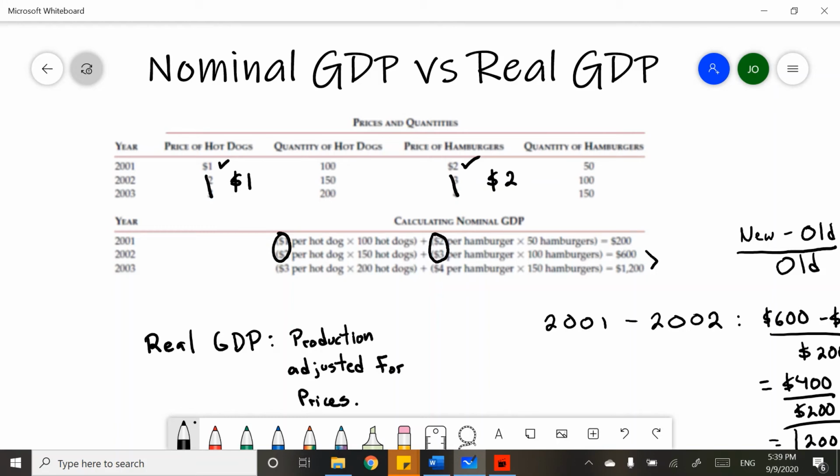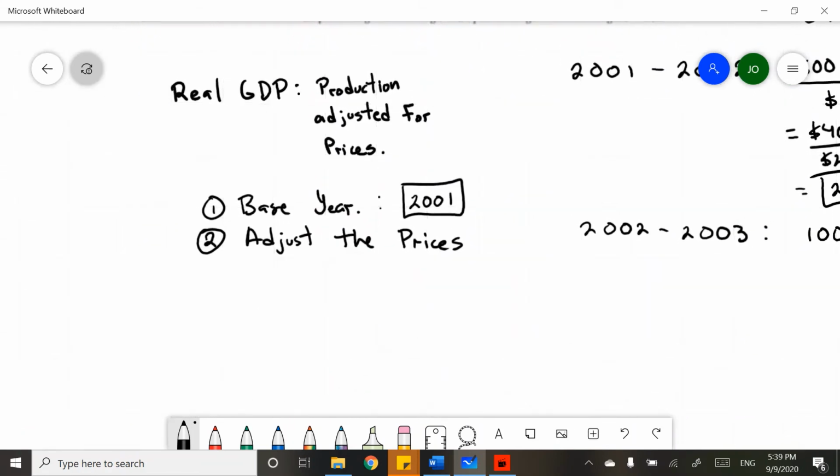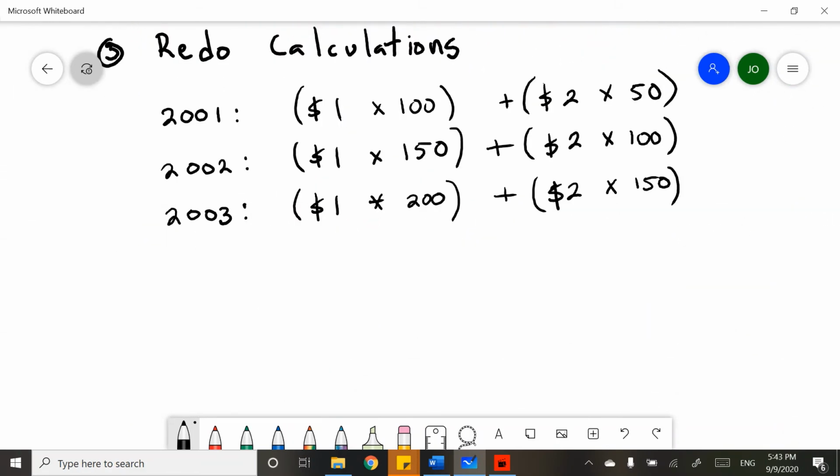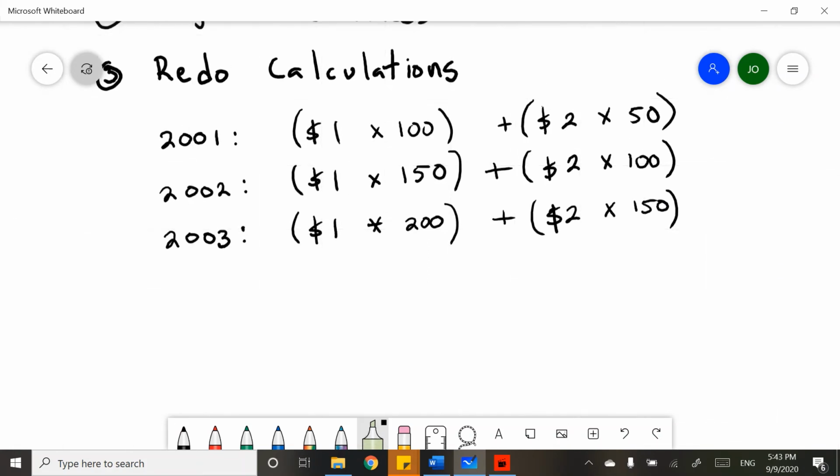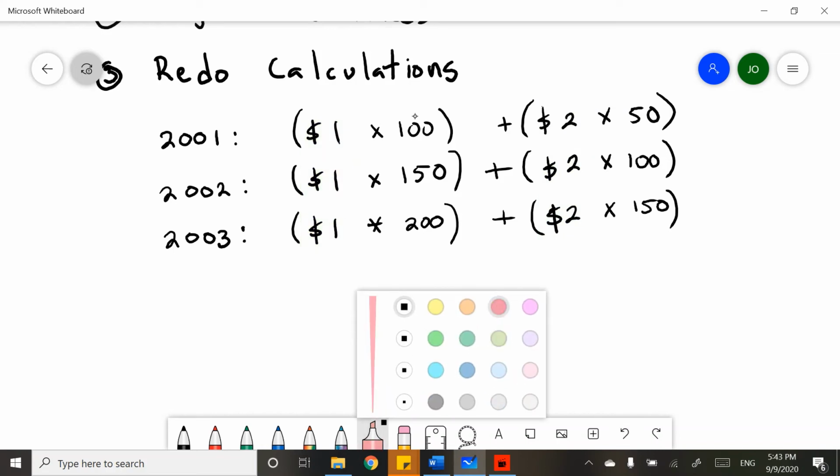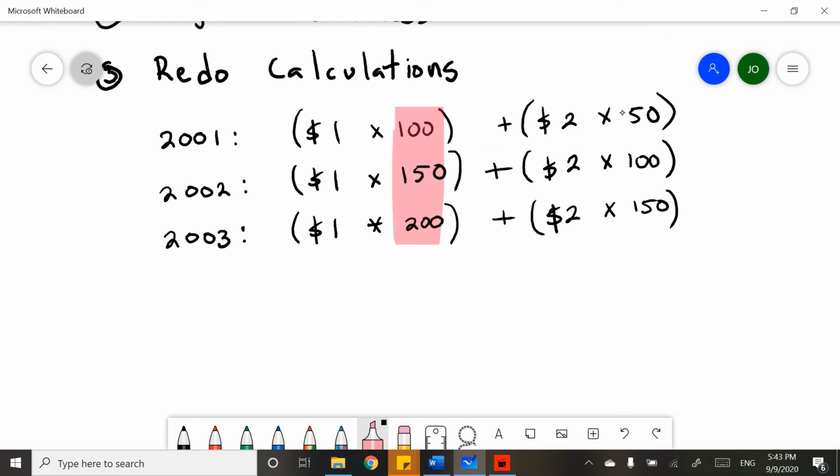So we redo our calculation for GDP. By redoing the calculations, we see that the only thing that is changing now is the quantities. Notice, for hot dogs, the price will always be $1. And for hamburgers, the price will always be $2. So now, the only thing that is changing are my quantities.